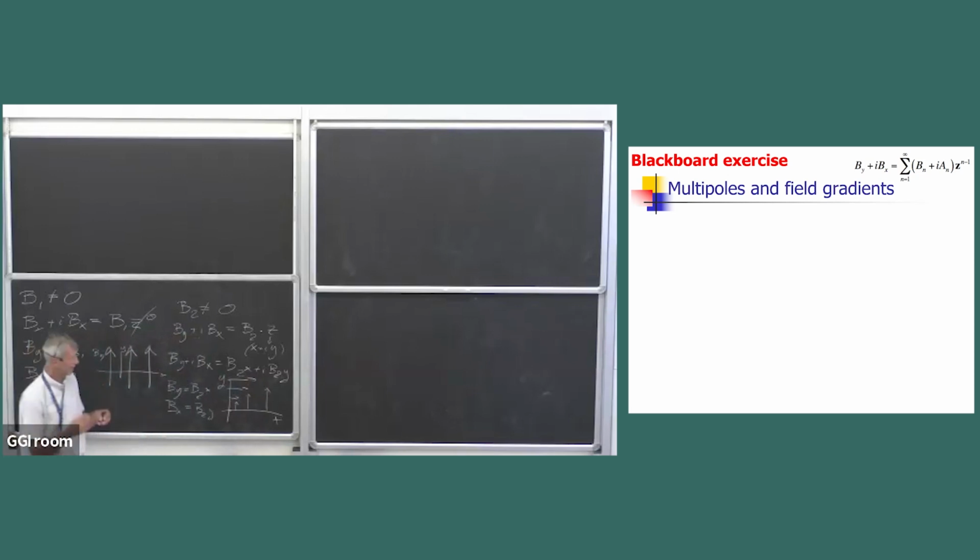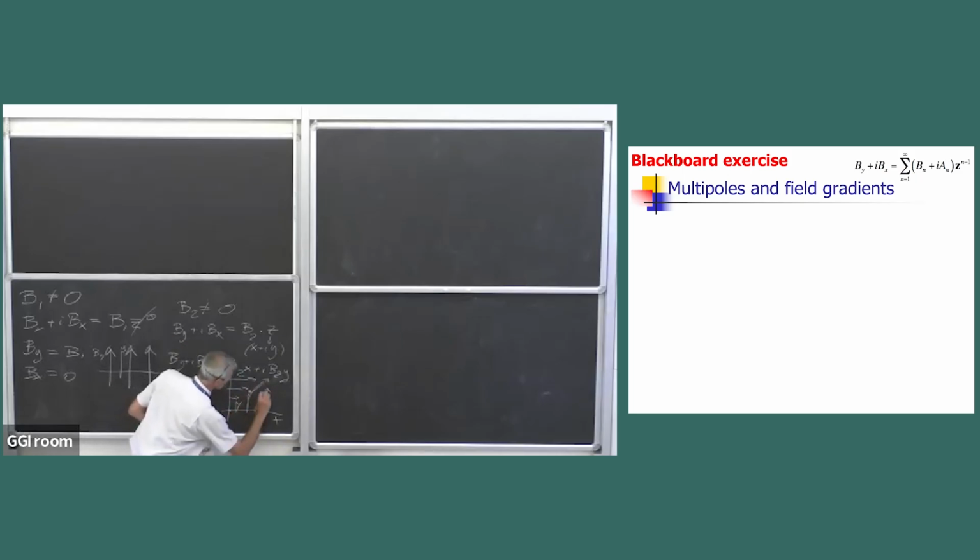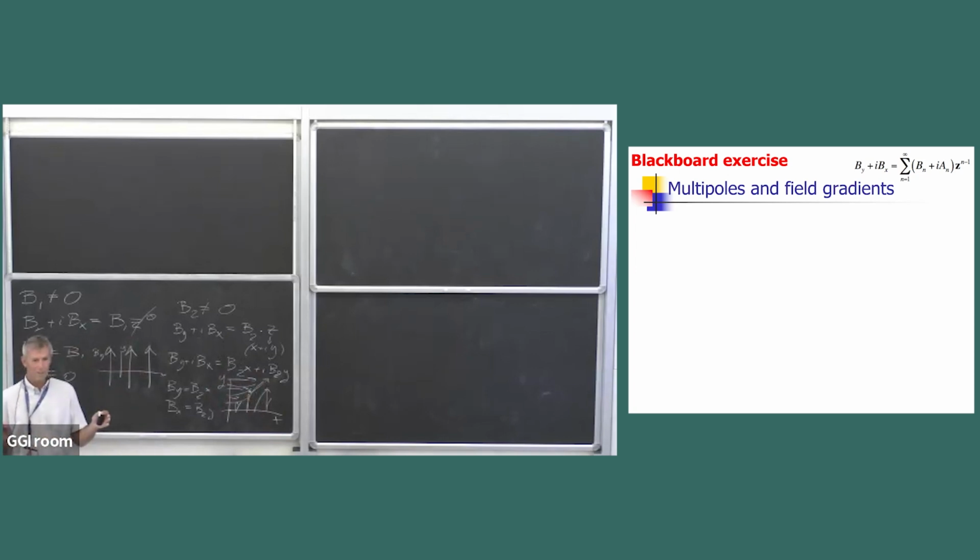Now you can imagine the field lines, because in a point here, you have a field which is x plus y, okay, on the diagonal, so that, okay, let's use colors at this point. The field lines will go normal to x on the diagonal, normal to y towards the diagonal. Okay? What you see is that growing field, linear, is nothing but a quadrupole. Right? Does it make sense?